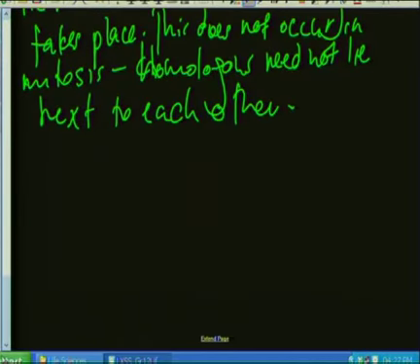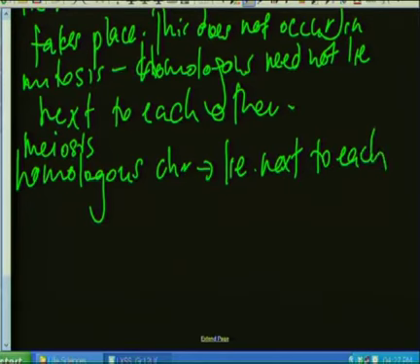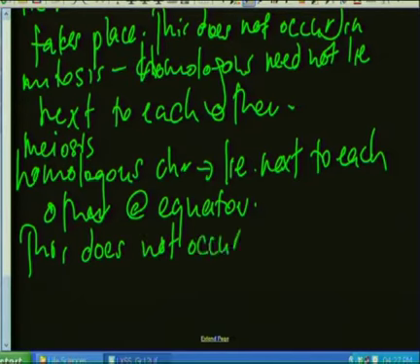Further, the homologous chromosomes in meiosis lie next to each other at the equator. This does not occur in mitosis.